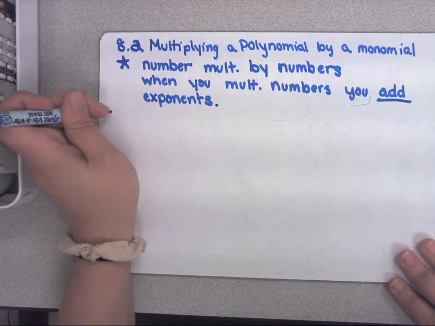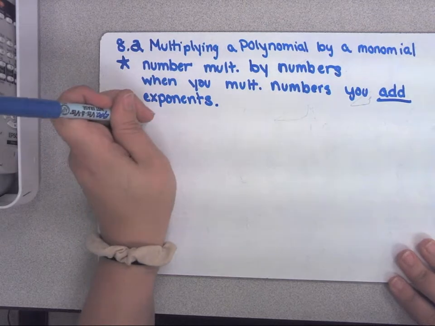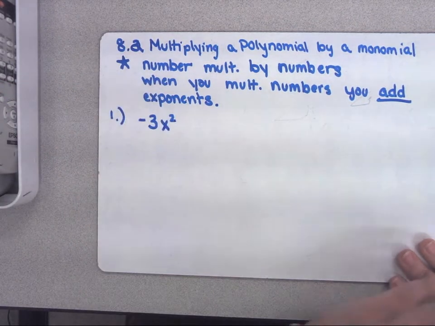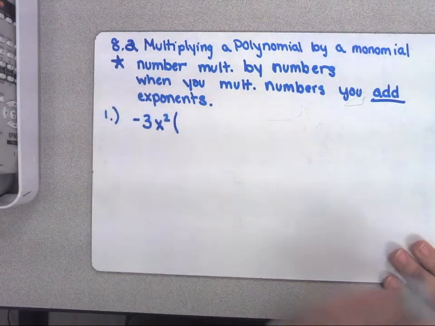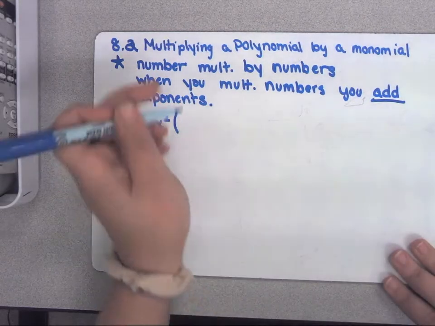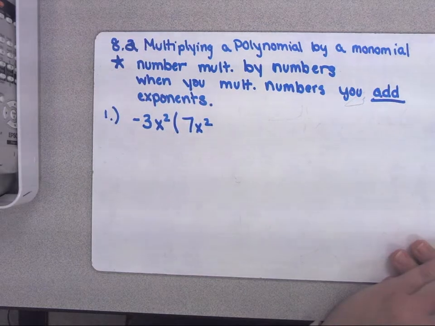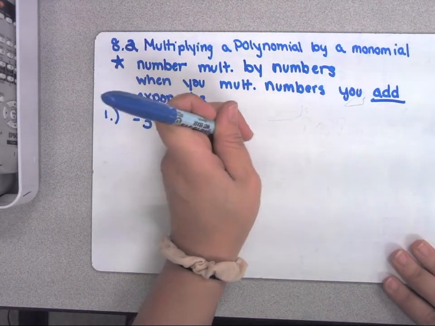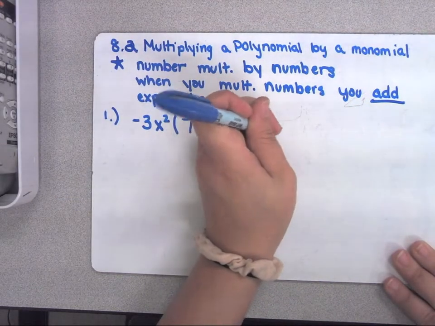Okay, so all it is is practice problems. If I have negative 3x squared, then I'm going to put a parentheses after it. Then I'm going to put 7x squared minus 1x plus 4.